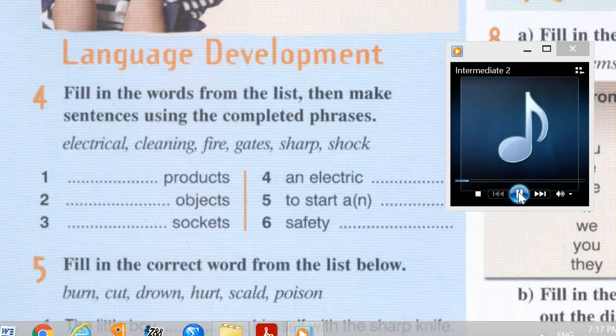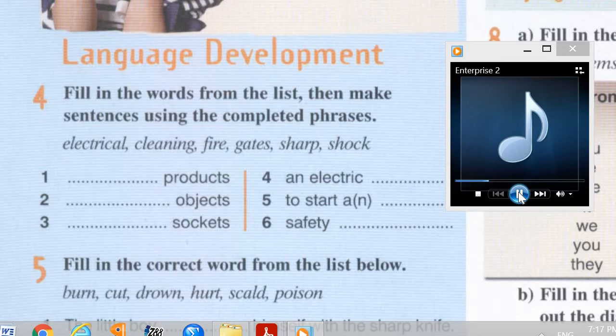Unit 10. Stick to the rules. Exercise 2, page 70. Is your home a safe place for your kids? Every year, thousands of children are injured in accidents in the home. Accidents that could be prevented.